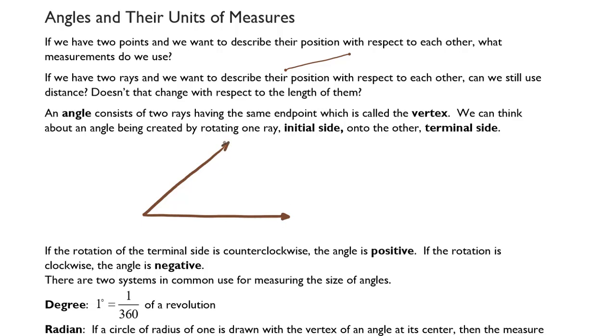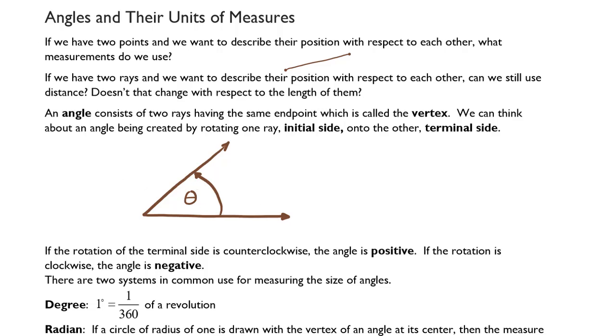The second ray would be at an angle away from it, calculated either counterclockwise or clockwise. In this case, we have a counterclockwise rotation, which means it will have a positive angle. We usually use this little Greek symbol theta to define that angle.